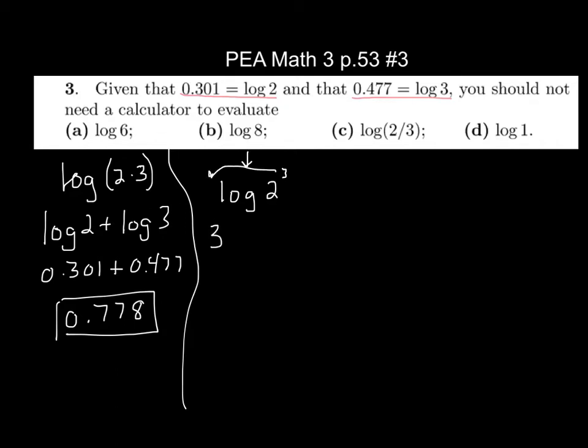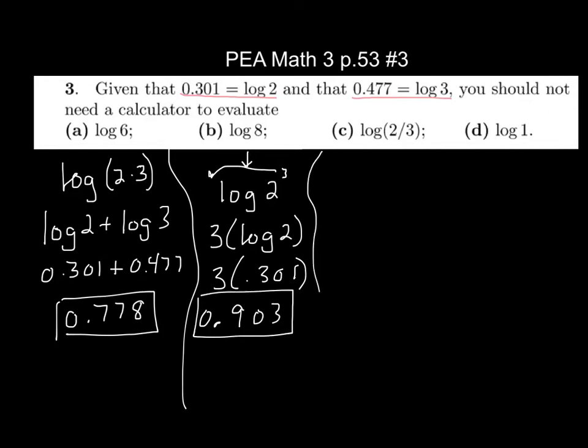So we have 3 times log 2. Log 2 is equal to 0.301. Final answer, 0.903. Okay. So we use our product property here. We use our power property here.